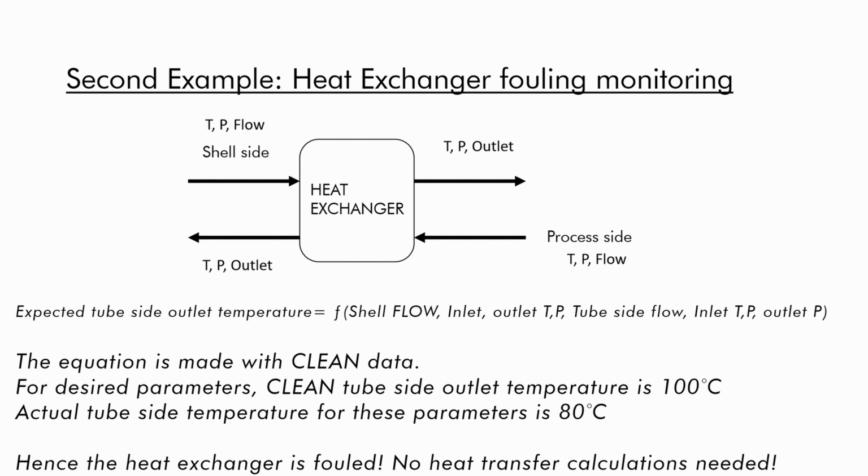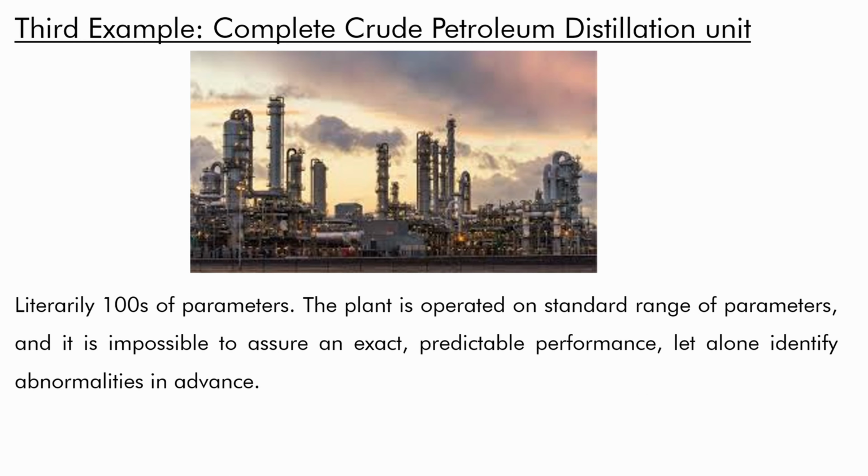Expected is 100, actual is 80, it is not getting hot enough and therefore it is fouled. So no heat transfer calculation needed, just data analytics, and you know accurately and very quickly whether the heat exchanger is fouled. So these were the two simple equations of simple models.